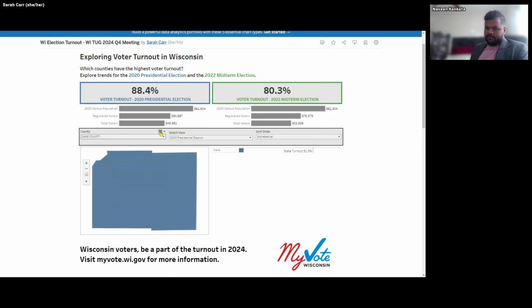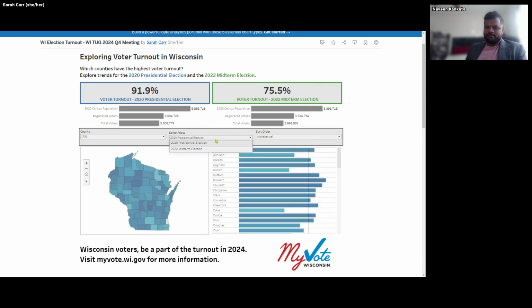And so you can select a county, select which election you want to look into, and that context was really important to me, with a reference line of the state average.